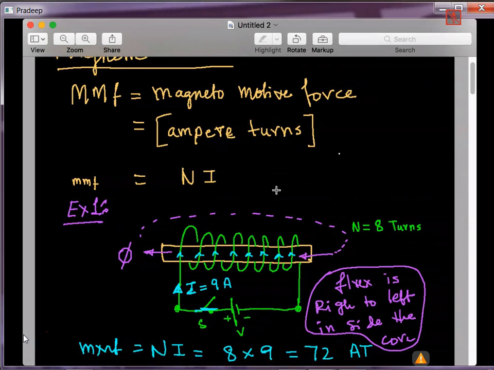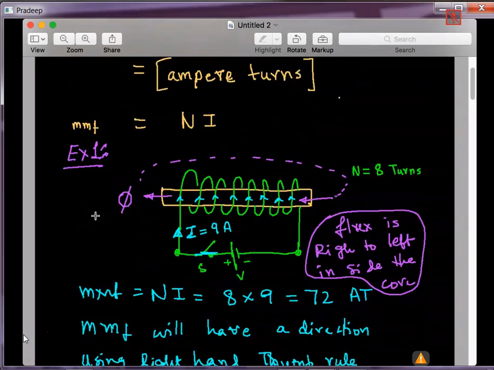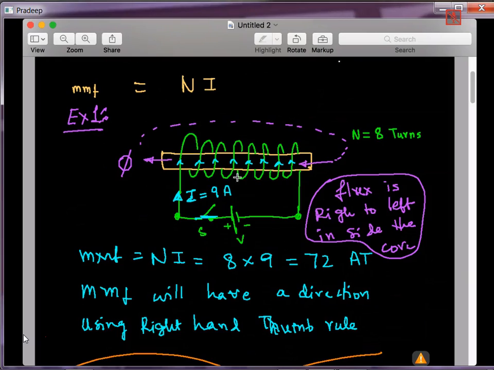The first example I had given, example 1, has 8 turns. You can count them: 1, 2, 3, 4, 5, 6, 7, 8 turns in this figure. Through a voltage source, I'm sending 9 amperes of current in it. So the total ampere turns is 8 into 9, that is 72 ampere turns.